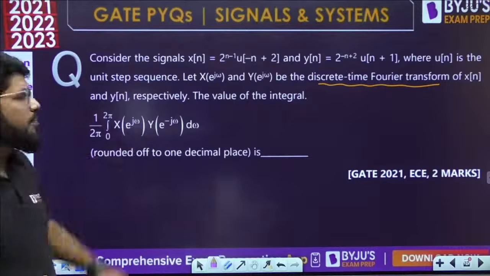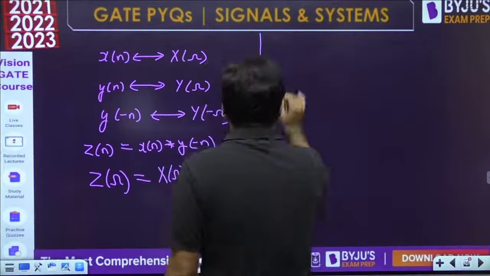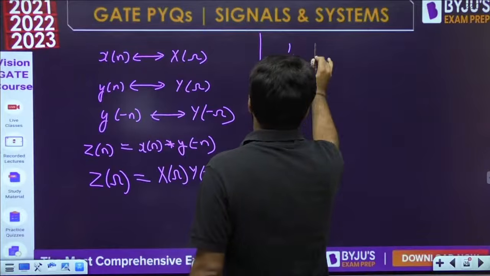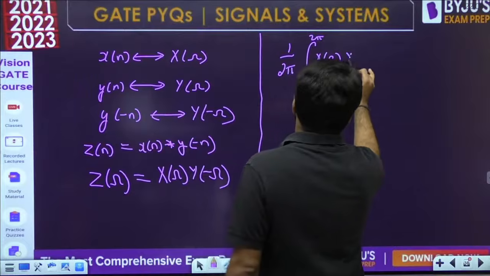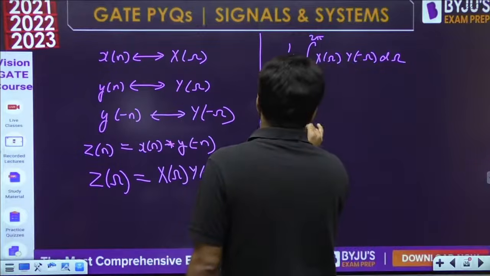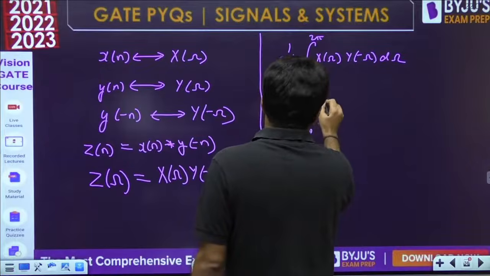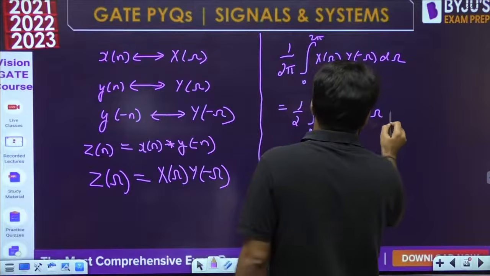That is the term coming up here. Now look, what has been asked in the question? The question is asking for 1/2π integral over one time period of X(ω) Y(-ω) dω. That means the question is asking for 1/2π integral from 0 to 2π of Z(ω) dω.